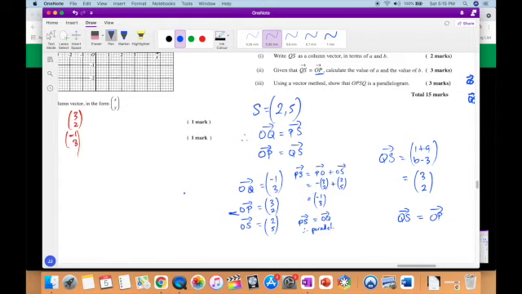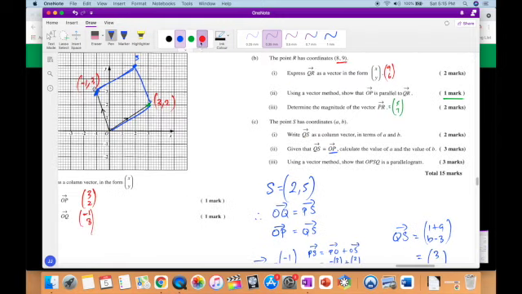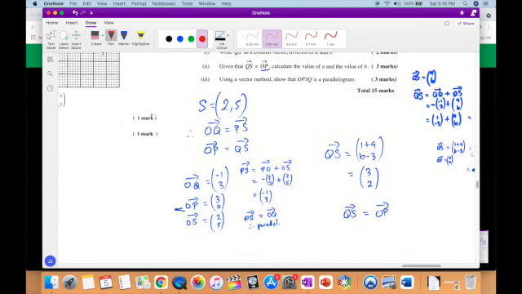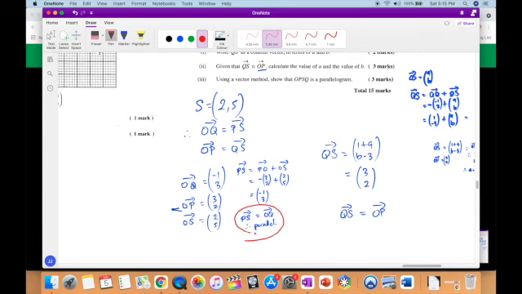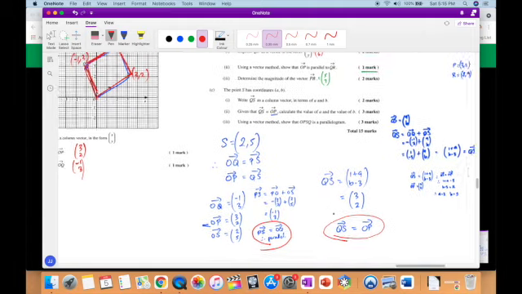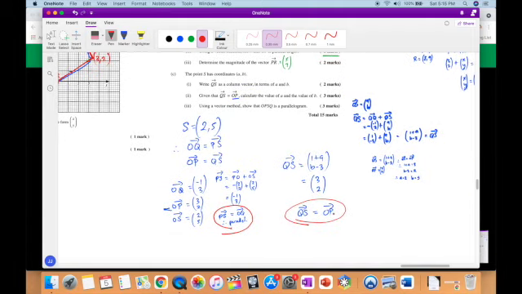So because we found that OP is equal to QS, we also found that OQ is equal to PS, right? PS is equal to OQ and QS is equal to OP. Therefore, there's a parallelogram. Both pairs are parallel and they are a parallelogram, right?